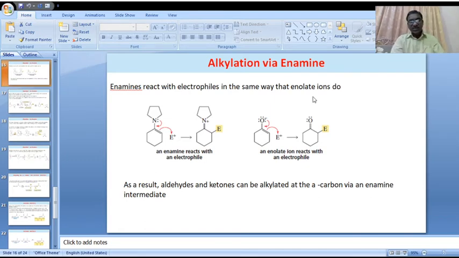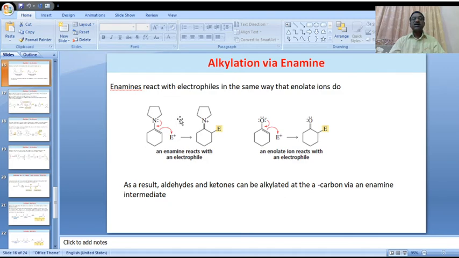That is the intermediate. That enolate ion then reacts with the electrophile. Here in this reaction, first enolate ion formation, then that enolate ion undergoes reaction with the electrophile. The enamine behaves in the same way as that enolate ion.